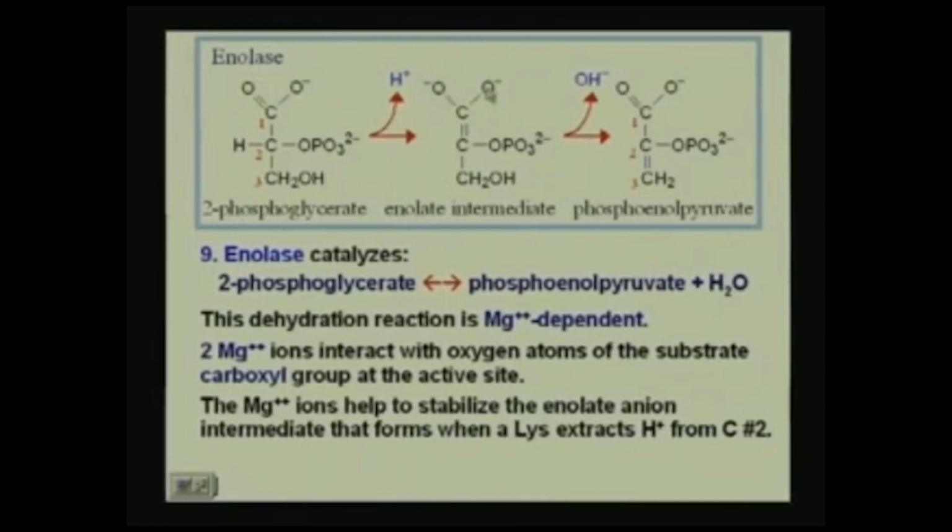So we have 2 O minuses here, right? The magnesium ions stabilize this enolate ion, and then we have an extraction of the hydrogen from carbon number 2, which a lysine actually helps in doing. So the active site in this case would be the presence of the lysine and the presence of 2 magnesium ions that would help stabilize the enolate intermediate.